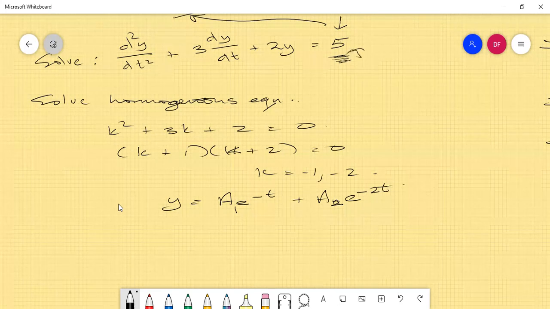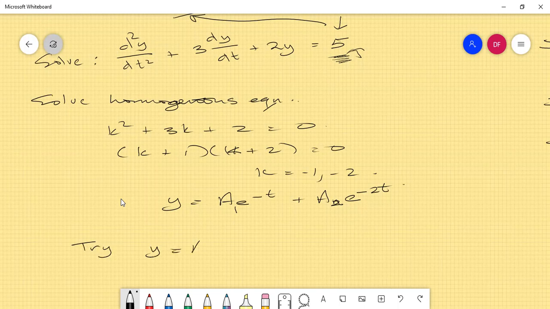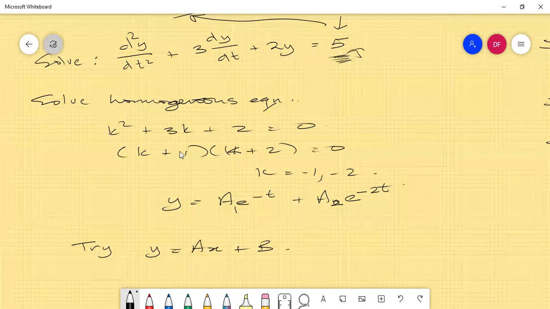So the 5 must come from something that we differentiate, add up everything, and get 5, a constant term. Therefore, we're going to try y equals at plus b, a linear function. When we differentiate a linear function, we get a constant.